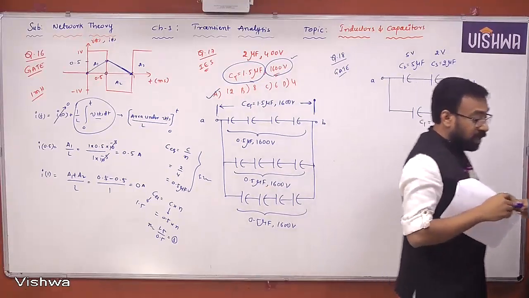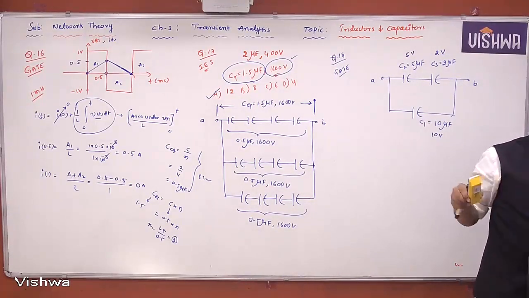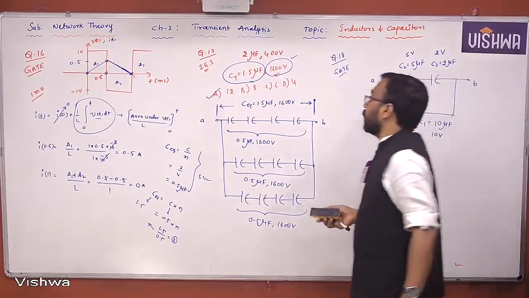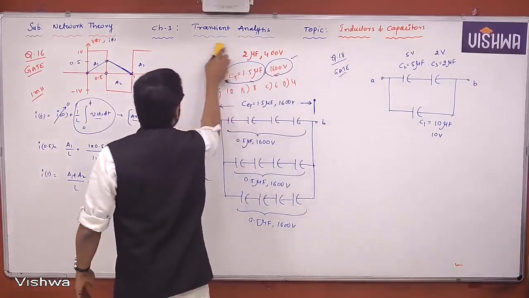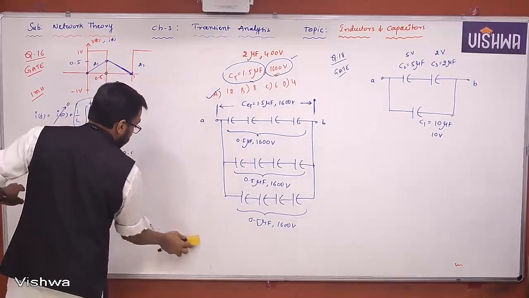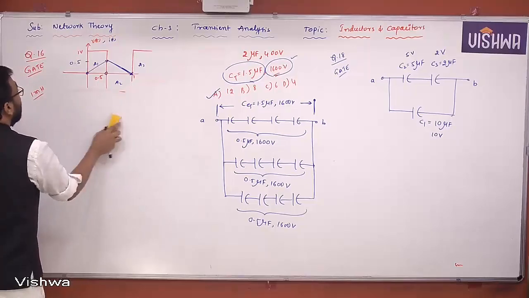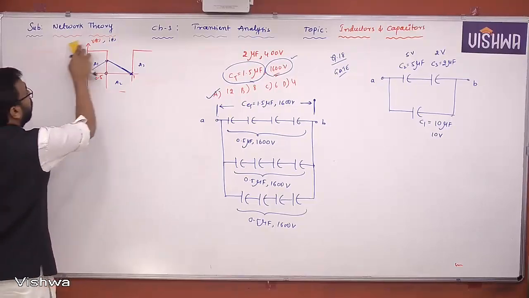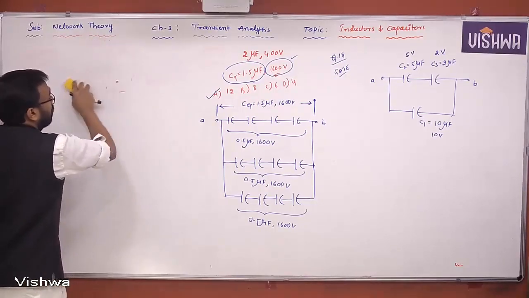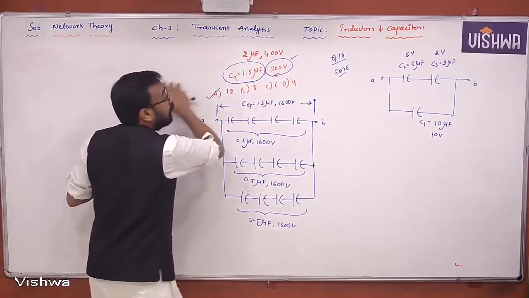So what is the maximum safe voltage that can be applied across the combination, that is AB? That means so that every capacitor is going to be safe. You know that when the voltage increases, the stress on the dielectric will increase, and if that voltage hits the maximum dielectric strength of the capacitor, then the capacitor will be damaged.